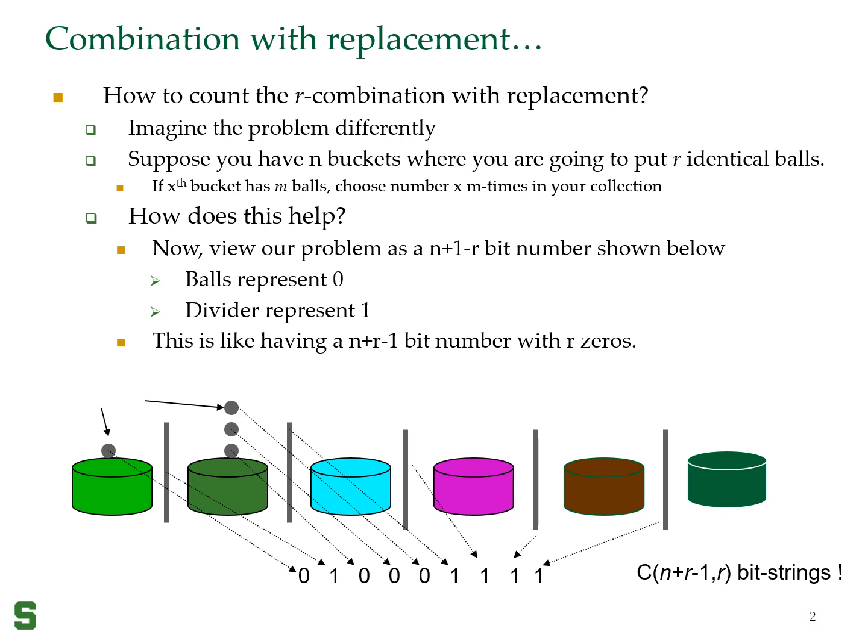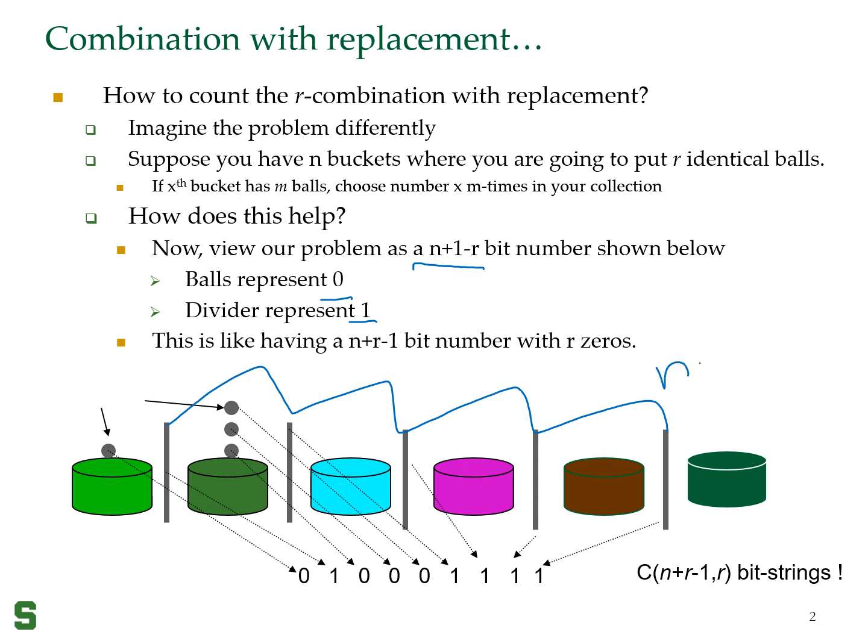Now we are going to view this problem a little differently again. We are going to look at this as a number that has n plus r minus 1 bits. The balls are going to represent 0 and the divider is going to represent 1. How many dividers do I have? That is basically the number of buckets that I have.